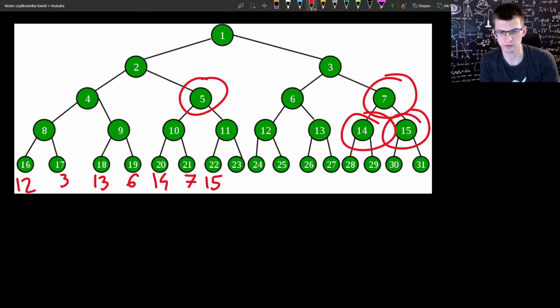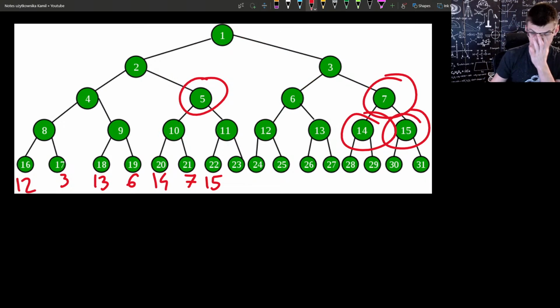Here I would need to basically go here, then jump up to 1, then go there. That's bad. Should 3 be repeated?